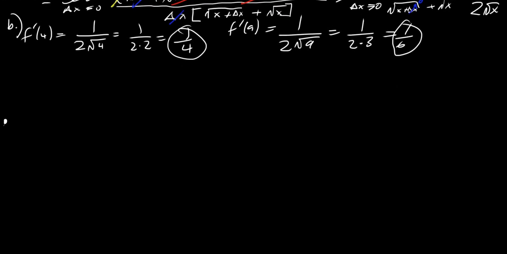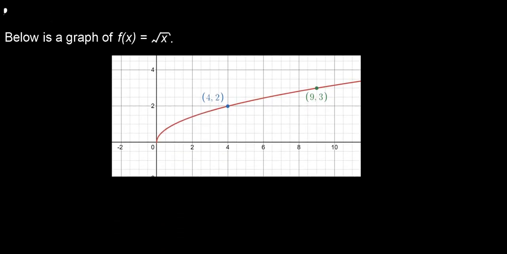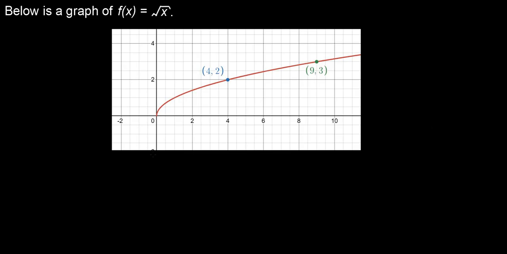And as a closing thought here, below, again, courtesy of Desmos, we have a graph of square root of x. And we evaluated f prime of 4 and f prime of 9. In other words, we evaluated the slope at those points, (4, 2) and (9, 3).